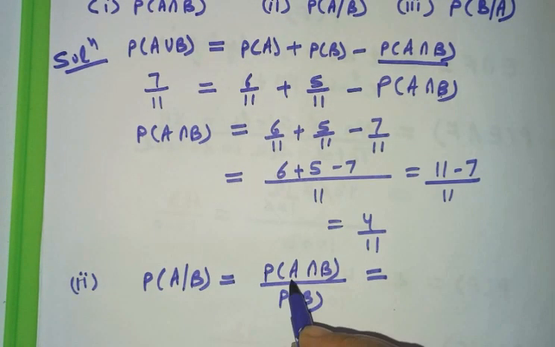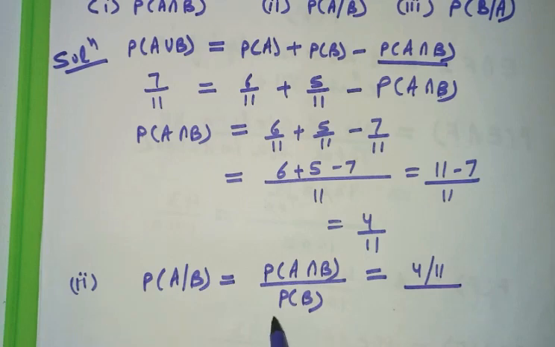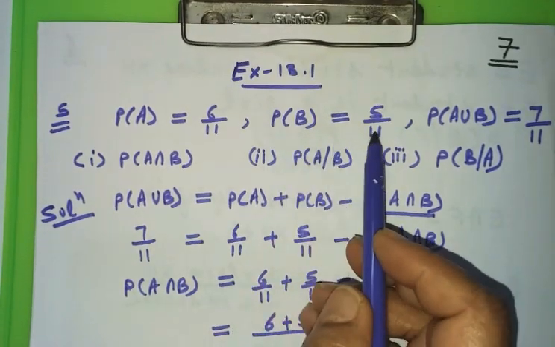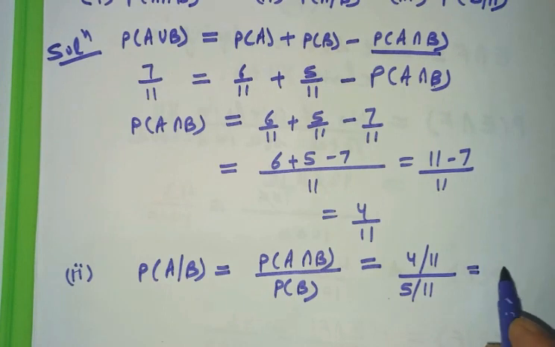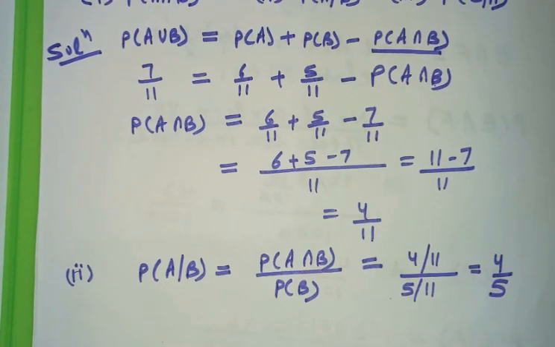So in place of P(A intersection B), I write 4 by 11, and P(B) is given to us in the question, it is 5 by 11. So I substitute 5 by 11 here and I get the required probability to be 4 by 5.